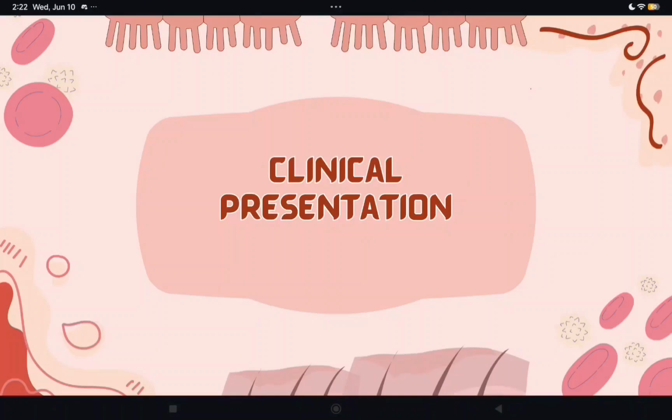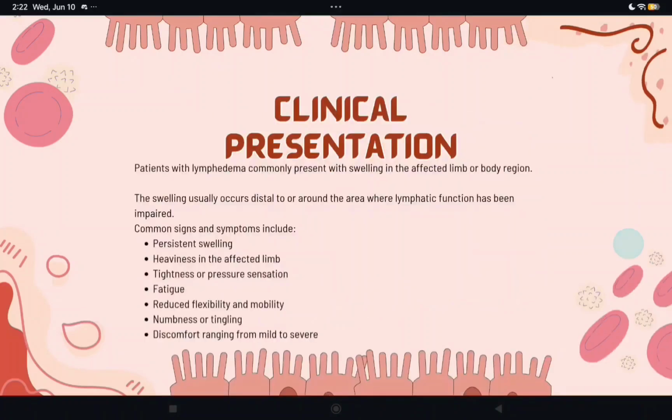Now, clinical presentation. Patients with lymphedema commonly present with swelling in the affected limb or body region. The swelling usually occurs distal to or around the area where the lymphatic function has been impaired.